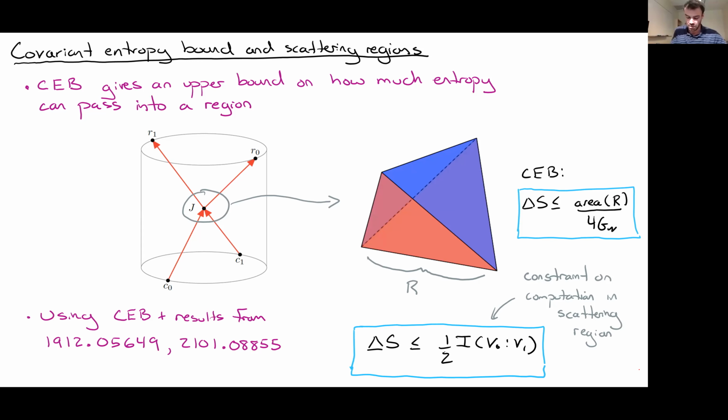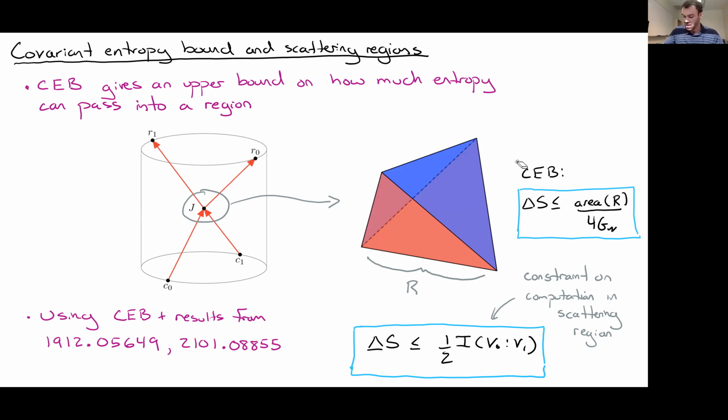Here, I want to think about the covariant entropy bound again for a second. So I've drawn this scattering region again. And what I'm going to do is apply the covariant entropy bound and see what it tells me about computations happening inside the region.